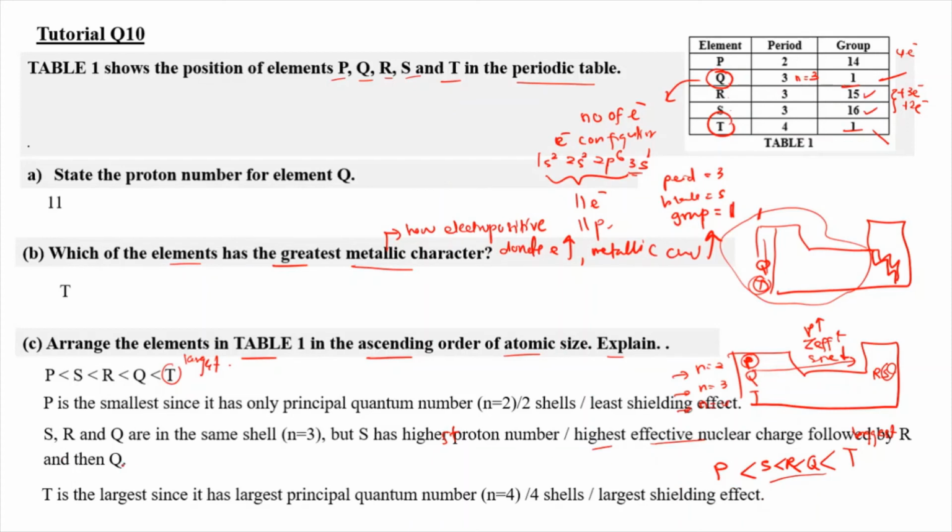And T is the largest because it has the largest principal quantum number, n equal to 4, which has 4 shells and the largest shielding effect. So this is how you explain and arrange the elements in ascending order of atomic size.